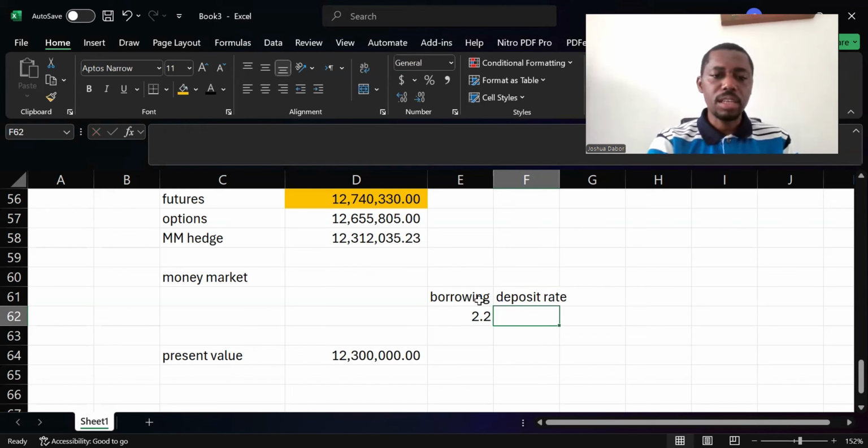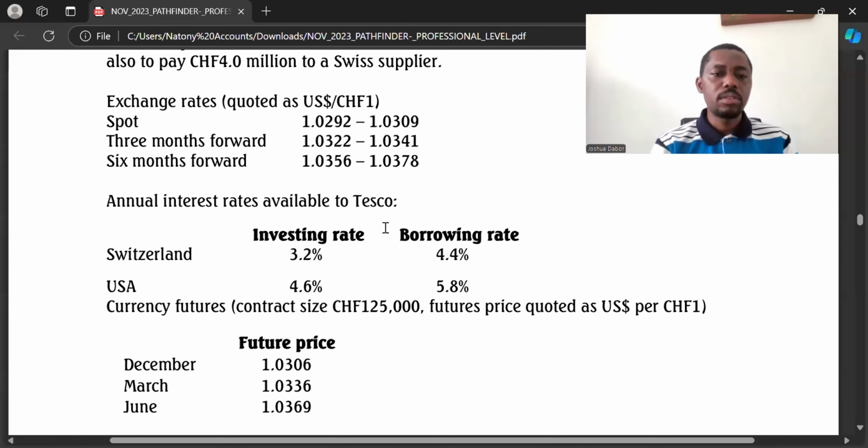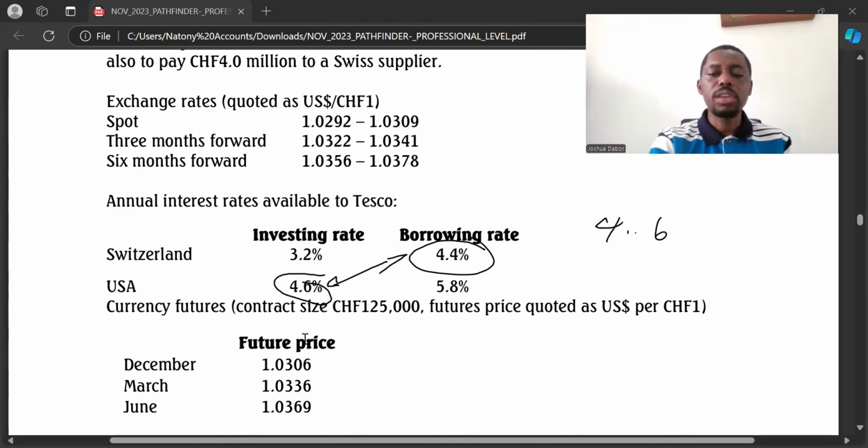But let's look at that again. So the USD, the company will borrow the foreign currency, which is the CHF, at 4.4. So this is borrowing rates. This is deposit rates. So the deposit rate is 4.6. So 4.6 for 1 year.